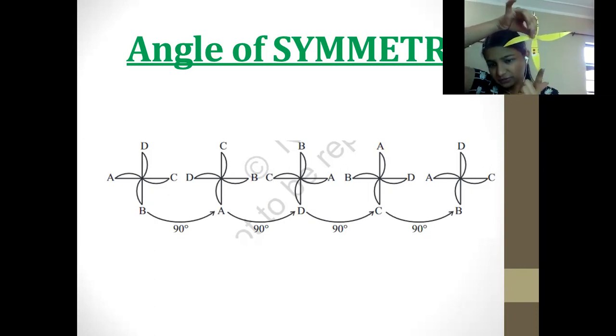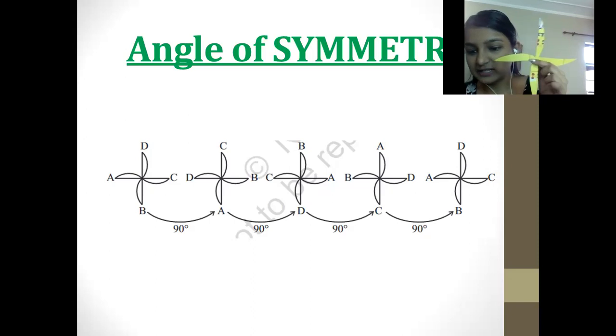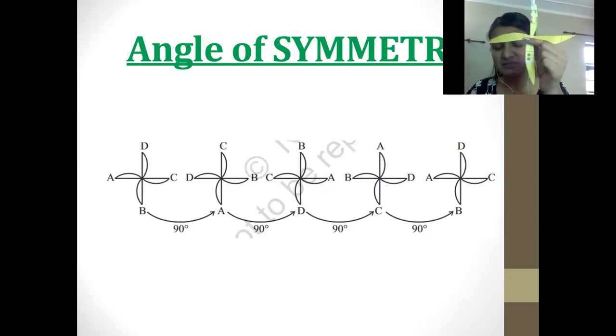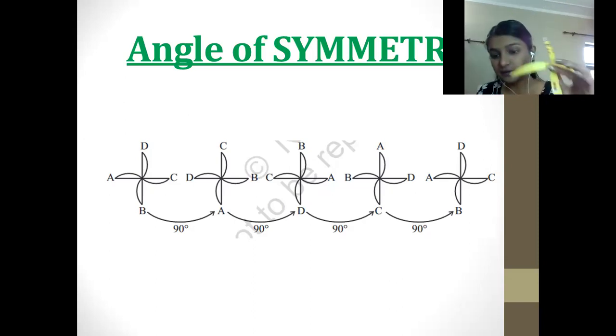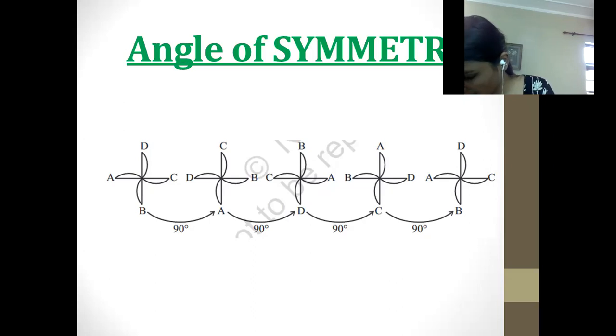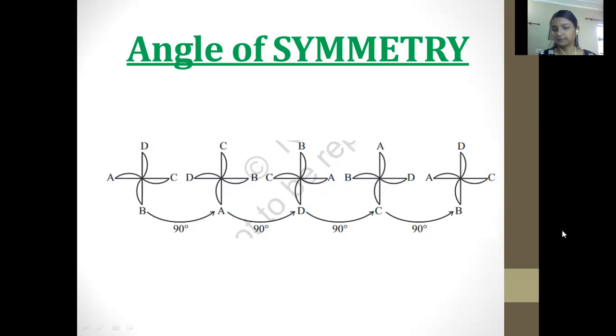This A has shifted downwards, but we can see that it is making 90-degree angle, isn't it? So this is what this activity says, that it is making angle of 90 degree even when we are rotating it. So it is satisfying the rotational symmetry. Okay, students? So yes, this is what this image is saying, that the rotational symmetry also makes angles of symmetry.